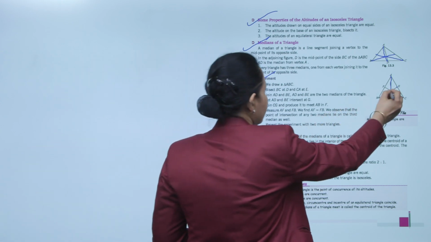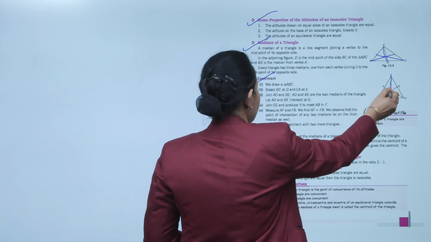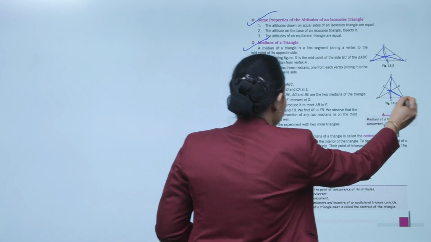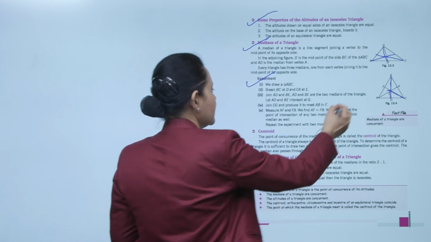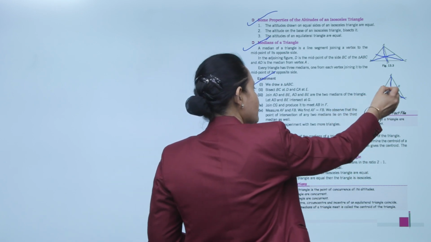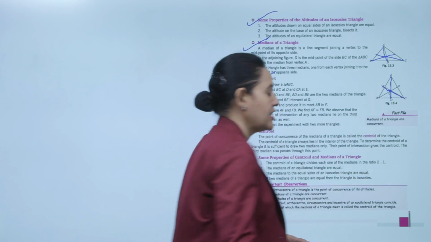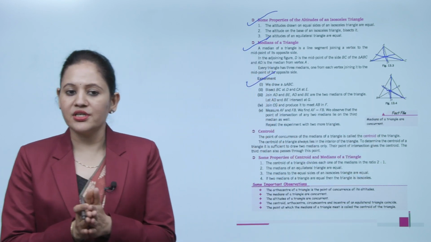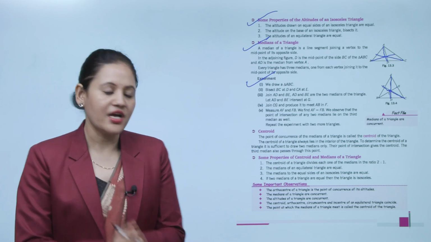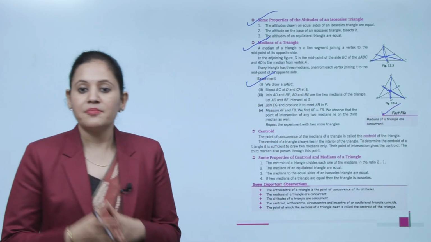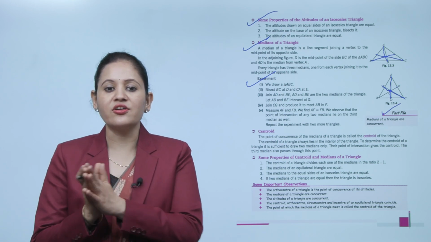So they will intersect at point G. Now we will join CG and produce it to point F. This is the third median. So they will intersect at a point. Next is the observation: medians of a triangle are concurrent.